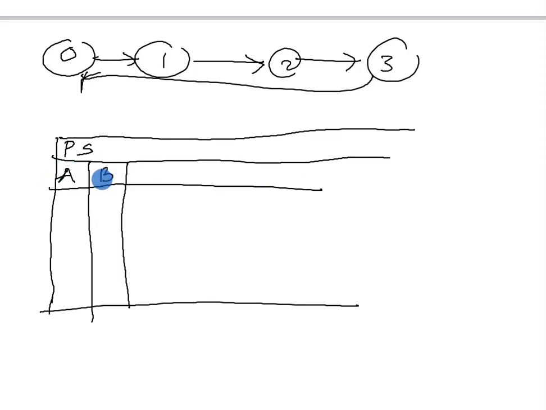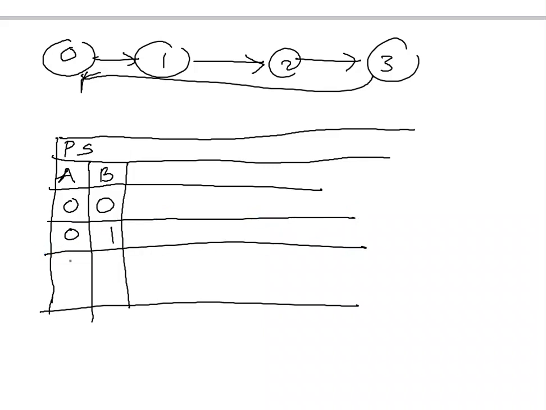So A, B. So we are going to have 0, 0, 0, 1, 1, 0, then 1, 1. This is the present state. And then next state.